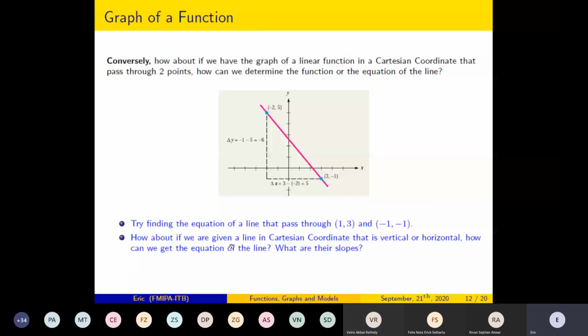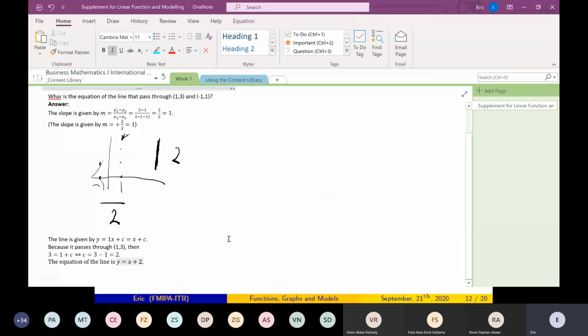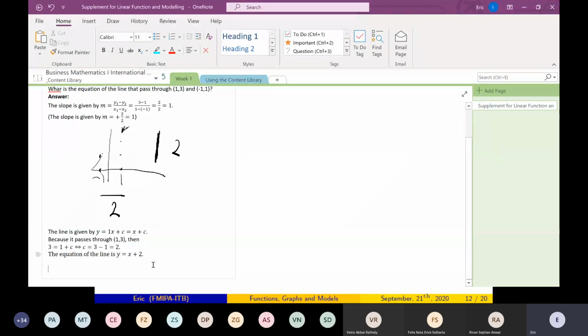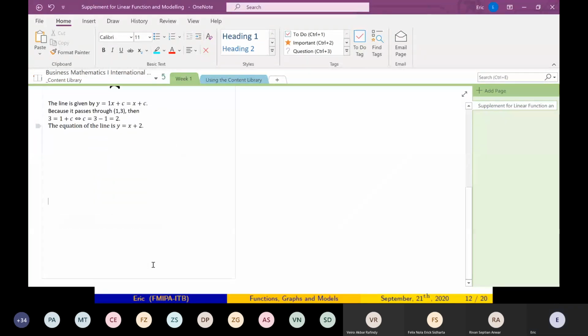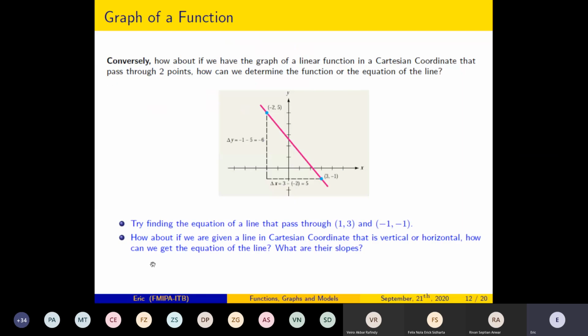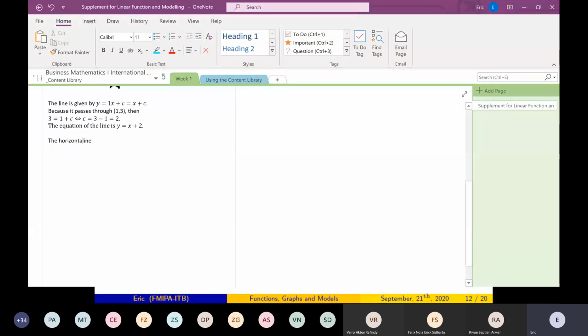How about if we are given a line in Cartesian coordinates that is vertical or horizontal? How can we get the equation of the line? What are their slopes? Okay, so the vertical line, maybe the horizontal line first, it's easier.